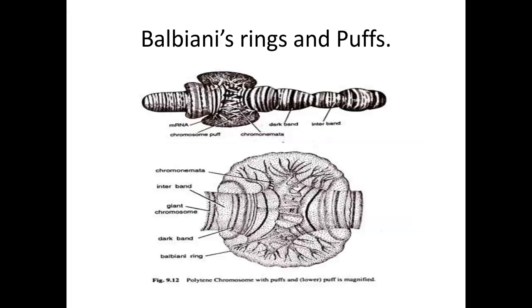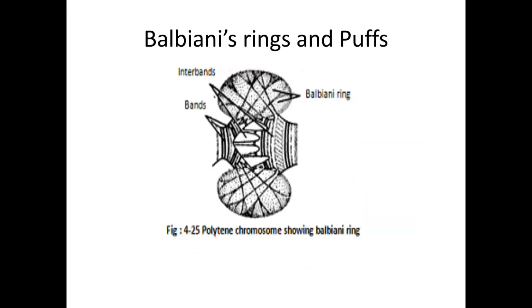Then see this puff portion, the enlarged portion. It generally consists of chromonemata, interbands, giant chromosome, dark and light bands. Then the Balbiani ring. These particular things are present within these Balbiani rings on the puffs. So, Balbiani's rings and puffs.